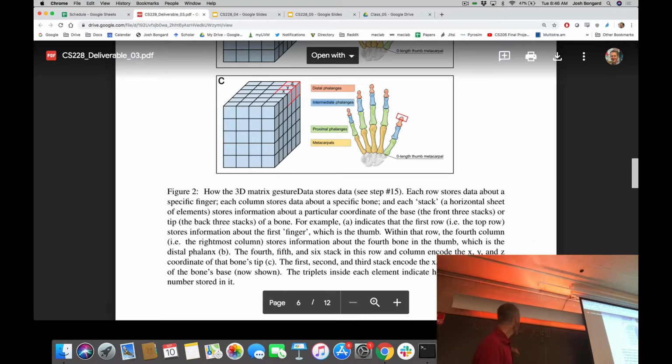Okay. You'll get lots of practice in Deliverable 3 and Deliverable 4, slicing and dicing and extracting different subsets from this 3-dimensional matrix.